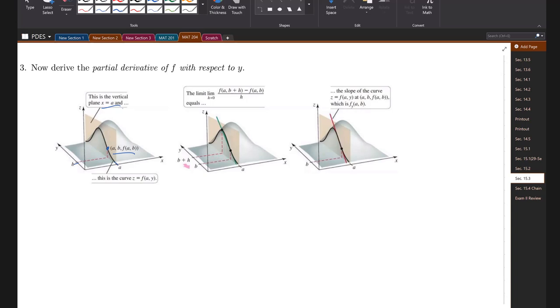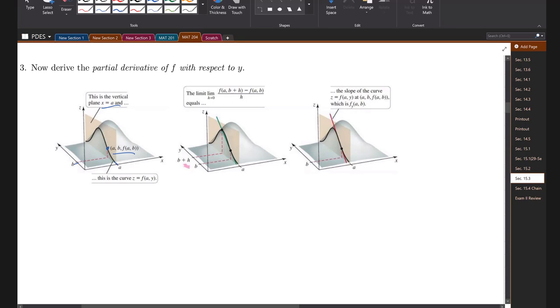All right. So we do the exact same thing here. We've now got these two coordinates. This is the coordinate a comma b plus h comma f of a comma b plus h. That's that ordered triplet. And then here was the original ordered triplet a comma b comma f of a b. And then we compute the slope of the secant line connecting those 2 points.